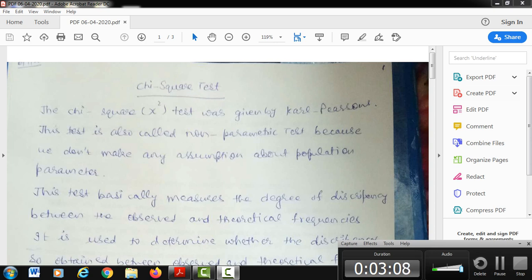This test is also called the non-parametric test, that is the test which is independent of any kind of parameter.